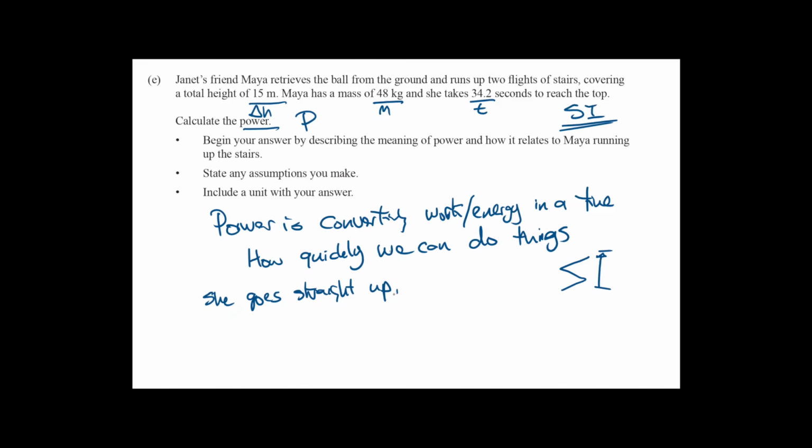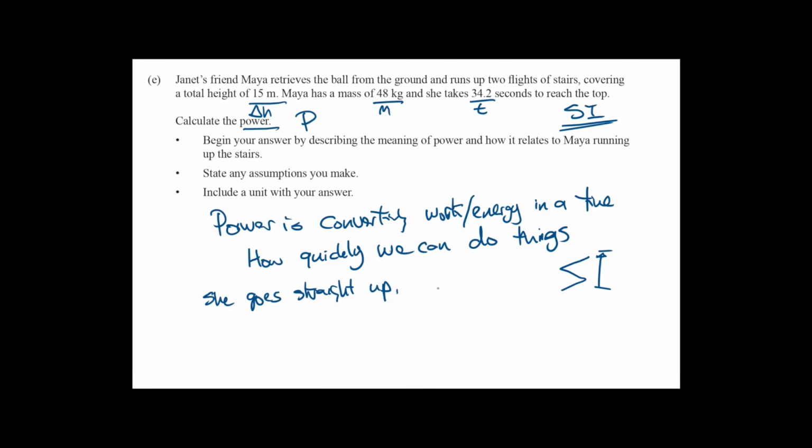The assumption we make is that she's not carrying anything else apart from the ball, so that's a good point. We maybe assume that the measurements are exact. Okay, so let's work it out.